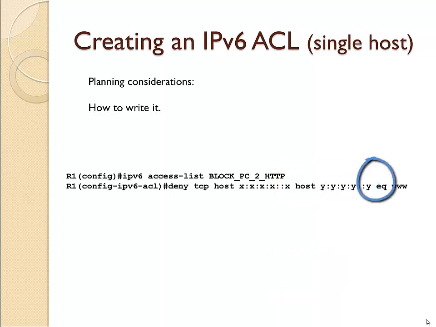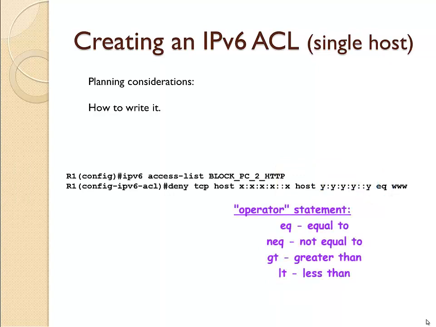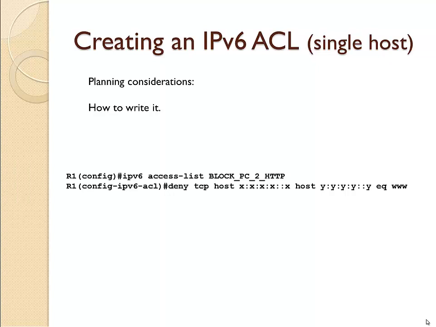The little EQ there can be EQ, NEQ for not equal to, greater than, less than. That is the operator portion of the syntax for an access control list. Then, of course, the port or protocol, which in this case is www or port 80.